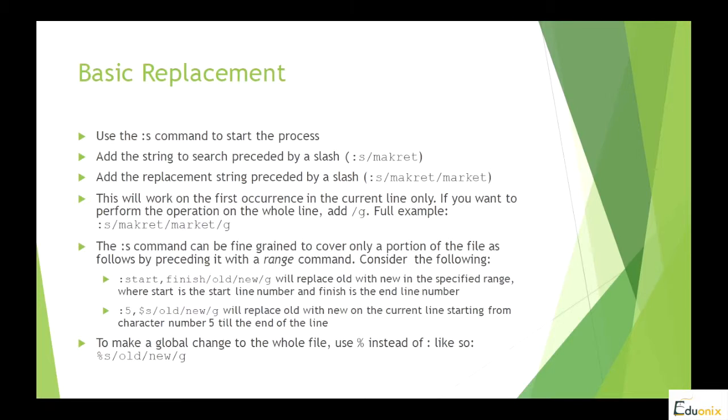Let's say from the first line to the fifth line, you see that something is spelled wrong, or for whatever reason you want to make a replacement through this range only. In this case, you will precede the command with start and finish, and then the S and the old and new.